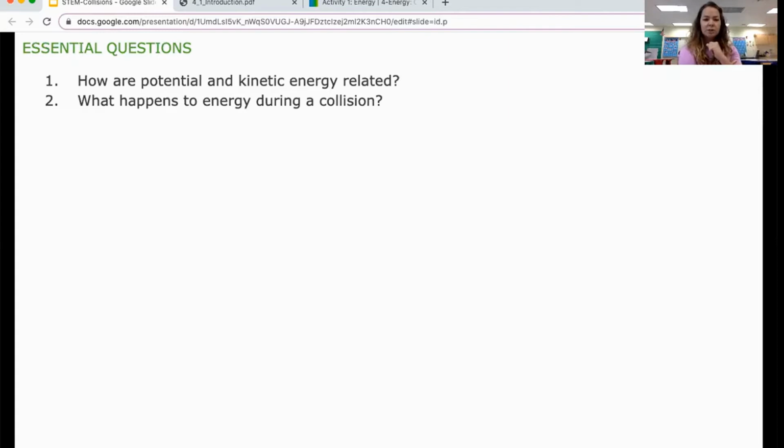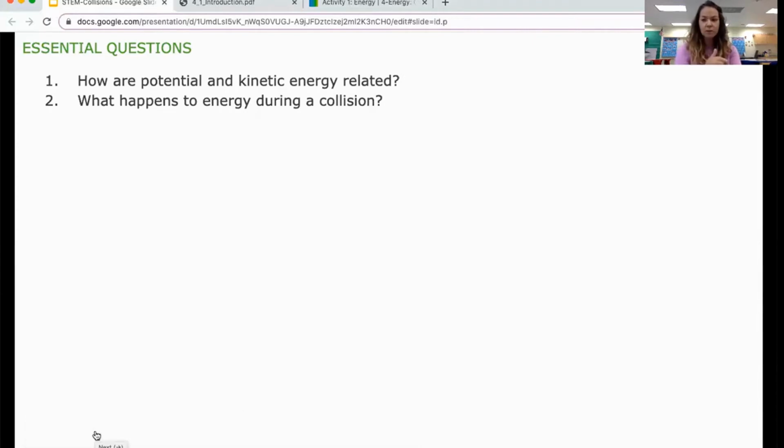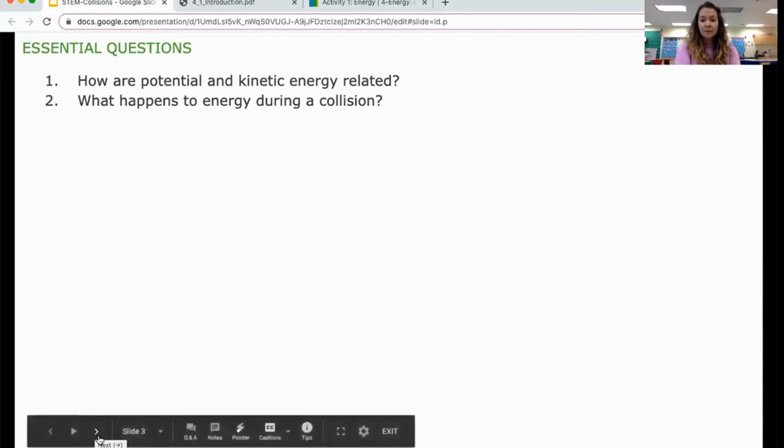What is the relationship between those two things? And also, what happens to energy in a collision? When two things collide, what happens there? I don't need the answer to those questions now. I just want you to always be thinking about those things as we continue to grow and build in our lessons over the next few weeks. And by the end, you should be able to answer those two questions.